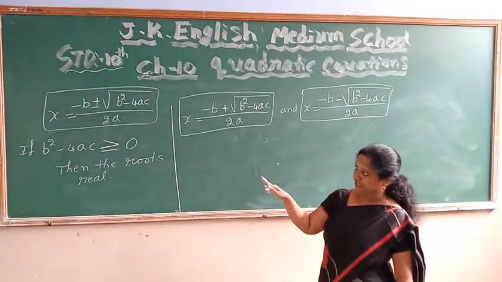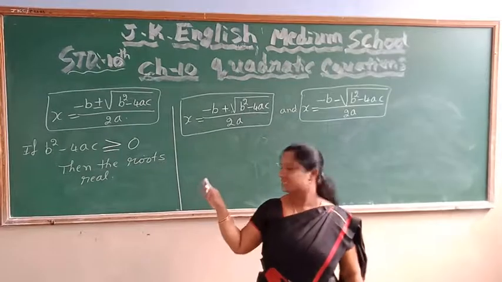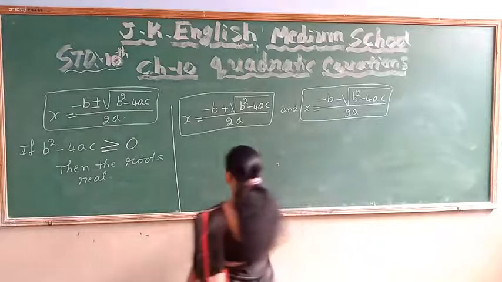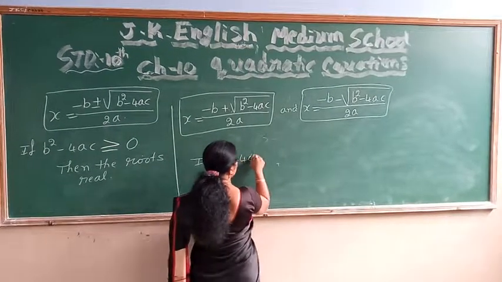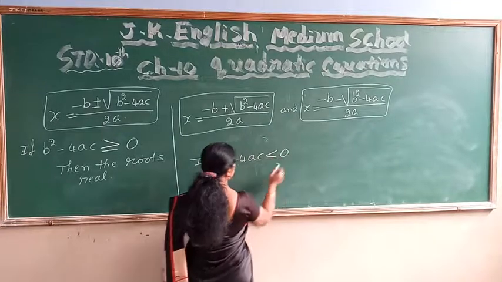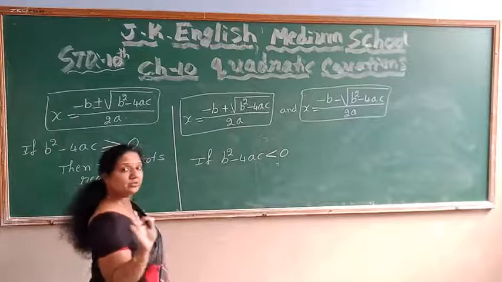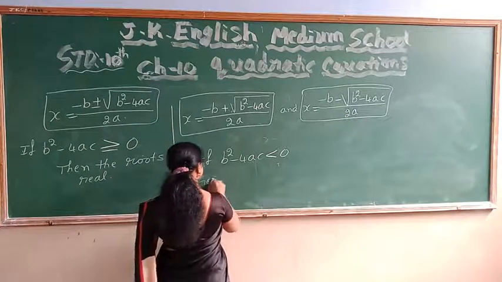A real root exists only when b square minus 4ac is greater than or equal to 0. If the value of b square minus 4ac is less than 0, that is negative, there are no real roots. The real root will not exist.